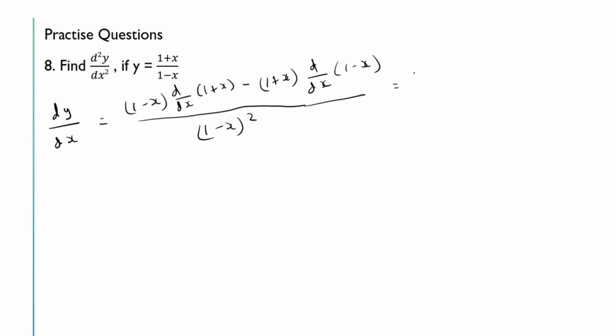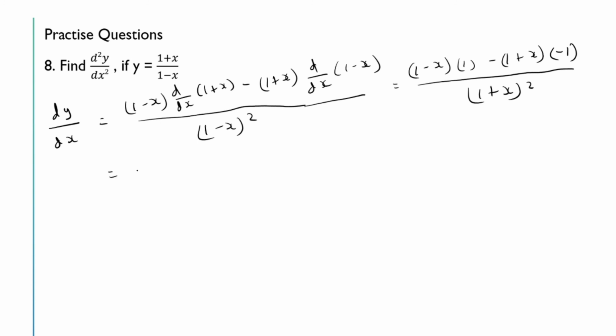So this is equal to (1 minus x) into 1, minus (1 plus x) into d by dx of (1 minus x), which is minus 1, divided by (1 minus x) the whole square.